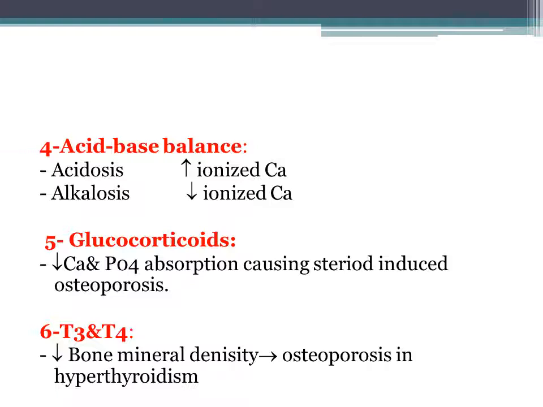So if there is a decrease in the ionized calcium, the patient will manifest the manifestations of hypocalcemia. Glucocorticoids, if increased, decrease the calcium and phosphorus absorption, causing steroid-induced osteoporosis. For thyroid hormones, if they are increased, there is a decrease in the bone mineral density and osteoporosis.